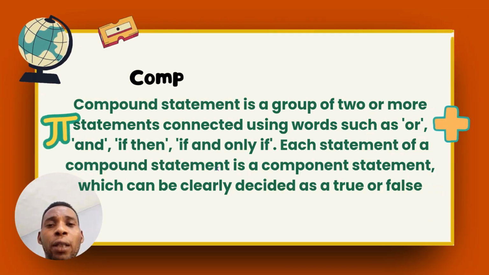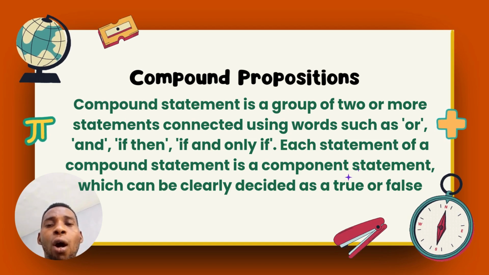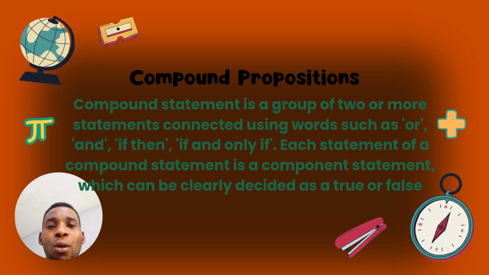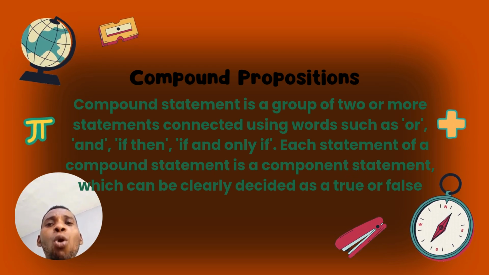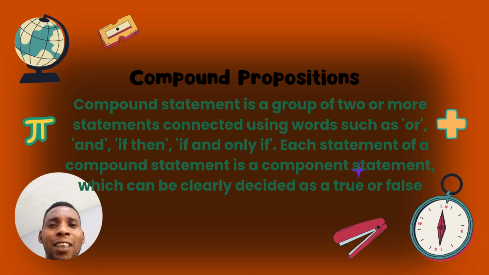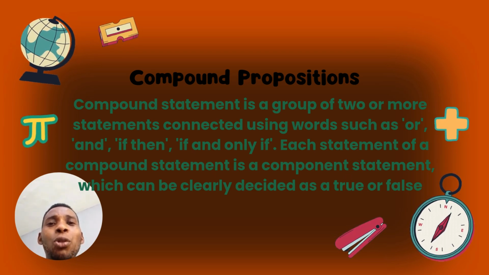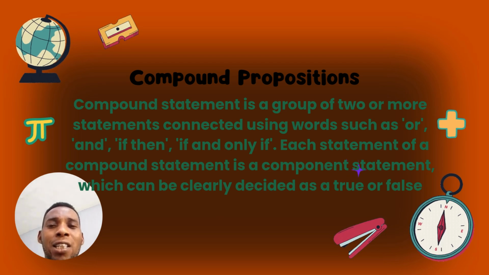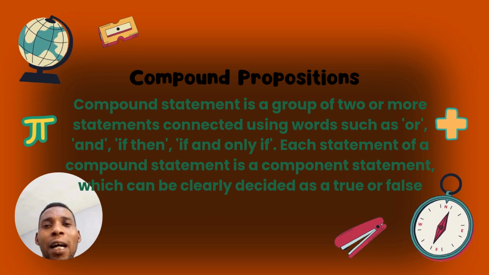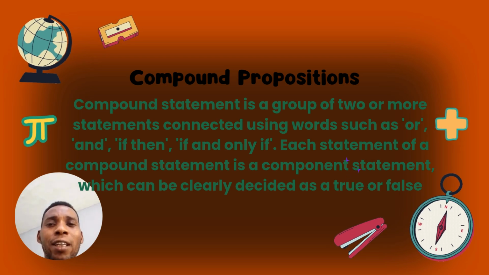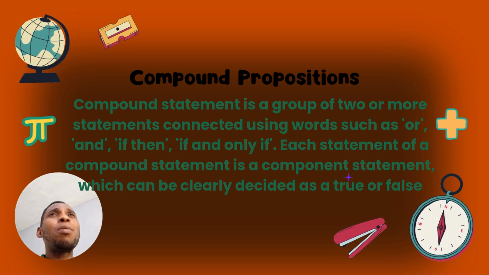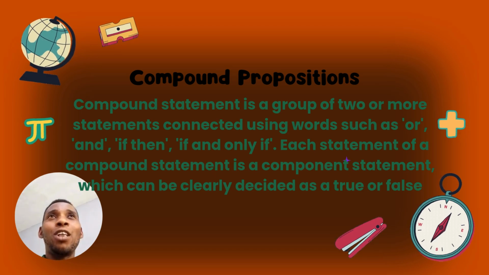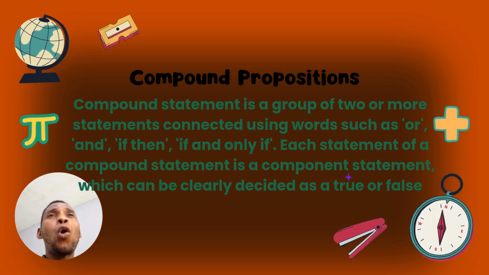Let's go to compound propositions. A compound proposition or statement is a group of two or more statements connected using words such as or, and, if then, if and only if. That is, compound statements are statements that are connected together by logical operators.